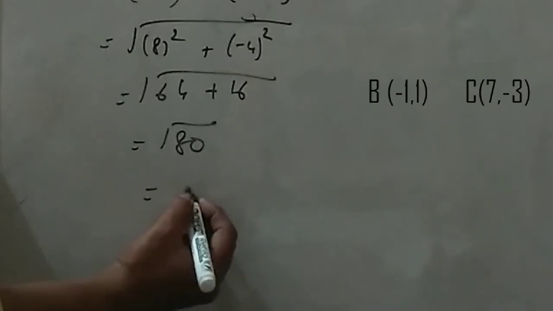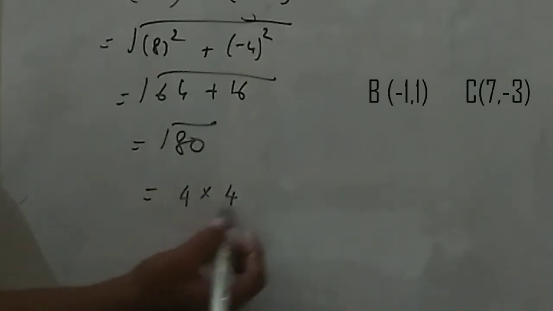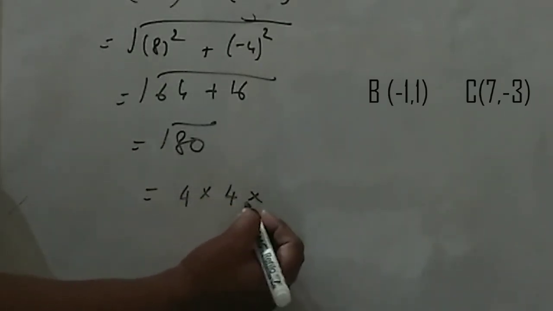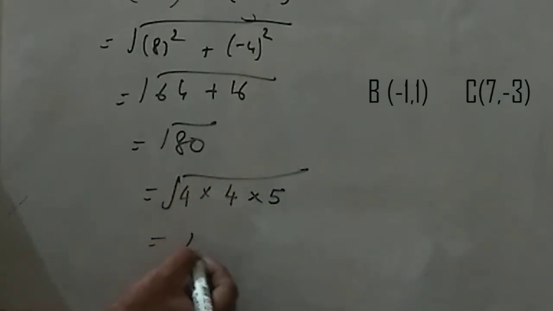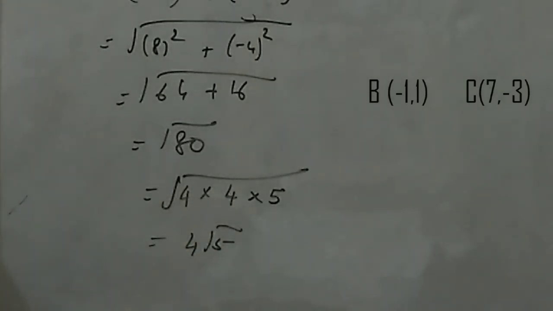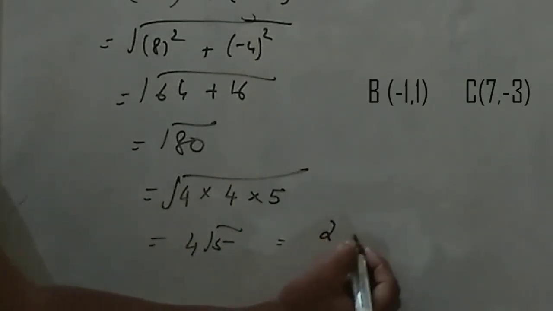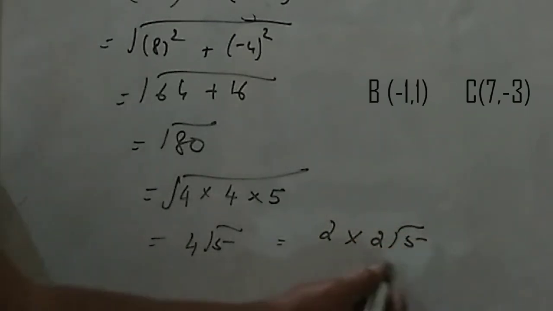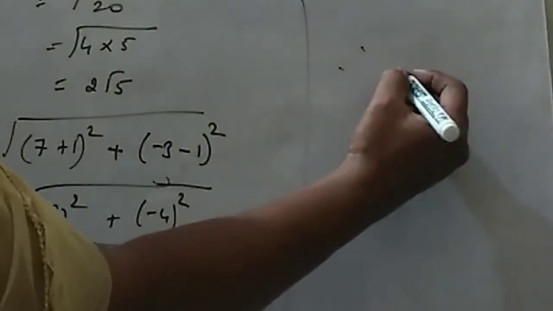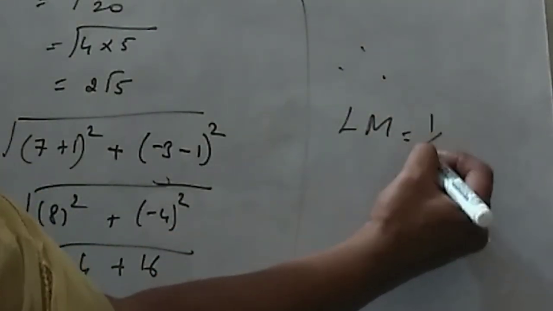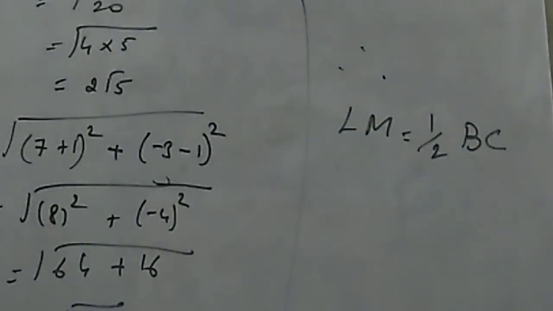Now write 4 into 4 into 5 under root. 16 times 5 is 80. So 4 under root 5. You will write 2 into 2 under root 5. What is this 2 under root 5? It is LM. Now we have to write: therefore LM is equal to half of BC.